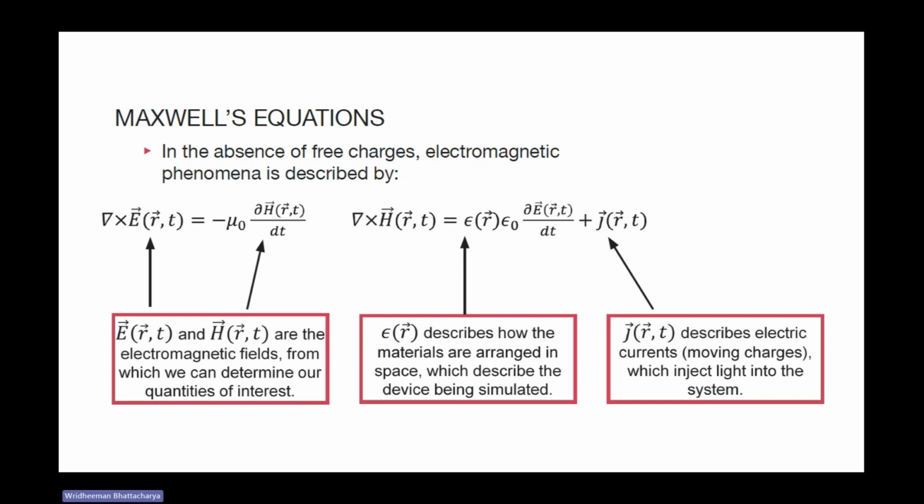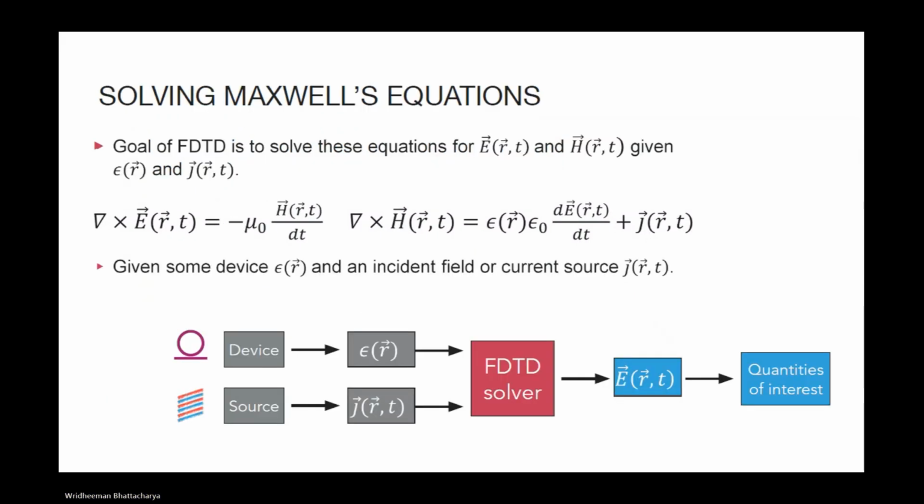So the main goal is that we can look at it as a stitching of different processes altogether. Solving Maxwell's equations, the goal of FDTD is to solve these equations for the electric and the magnetic fields given the epsilon and the J, right?